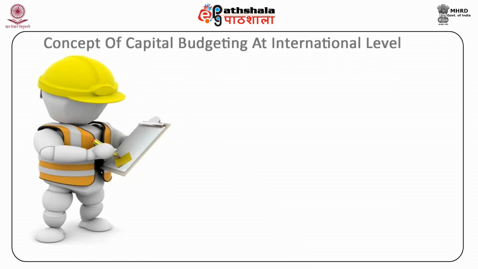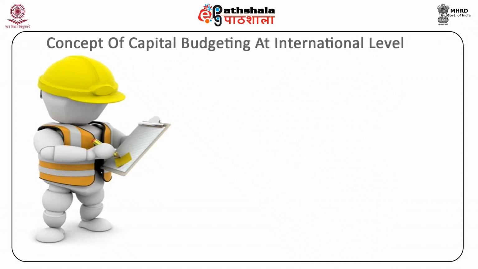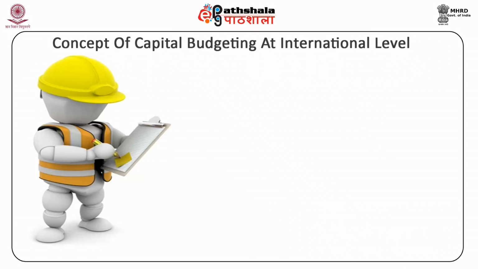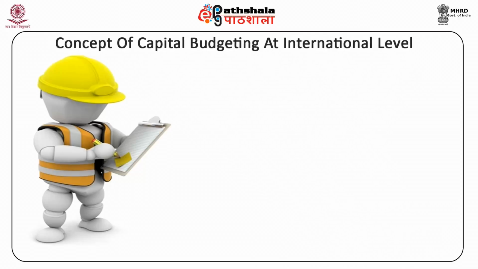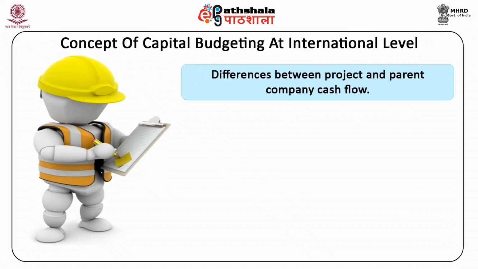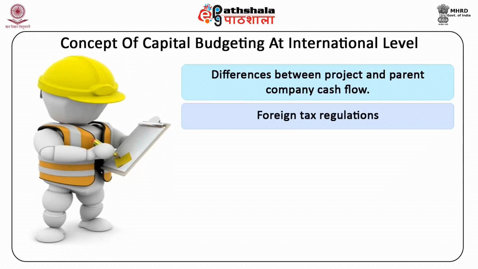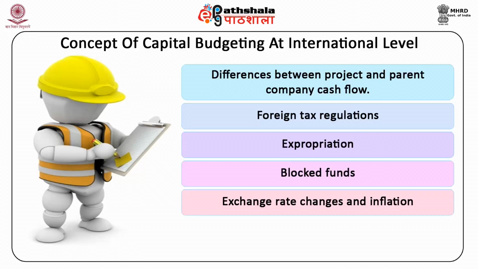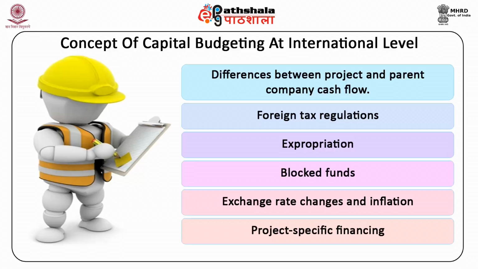Multinationals usually find their analysis complicated by a variety of problems that are rarely, if ever, encountered by domestic firms. Several such problems include differences between project and parent company cash flow, foreign tax regulations, expropriation, blocked funds, exchange rate changes and inflation, project-specific financing, and differences between the basic business risks of foreign and domestic projects.